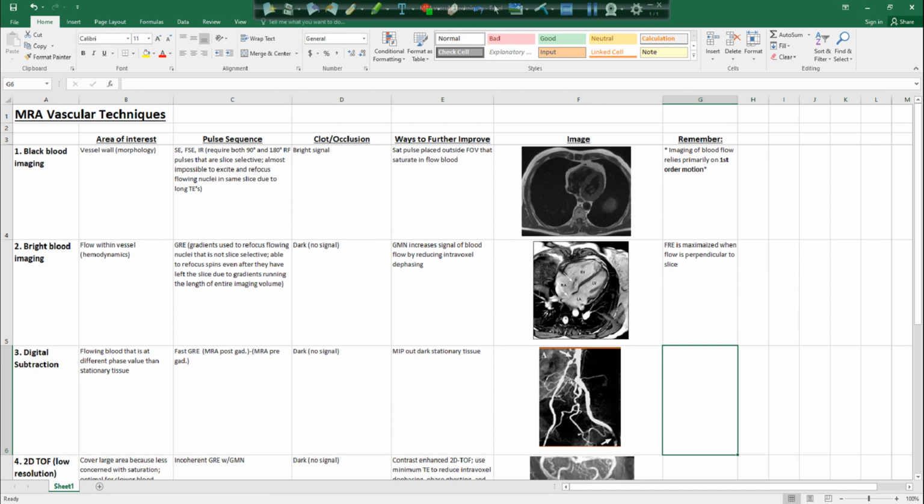What is the difference between MIP and MPR? You always do this in your post-processing. MIP is like segmenting, like taking away. What are you taking away? Stationary tissue.